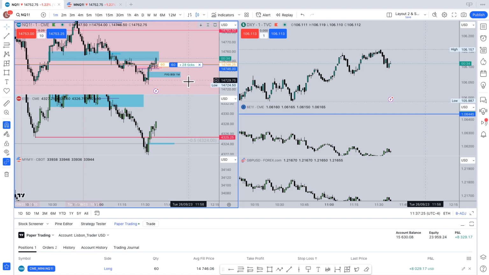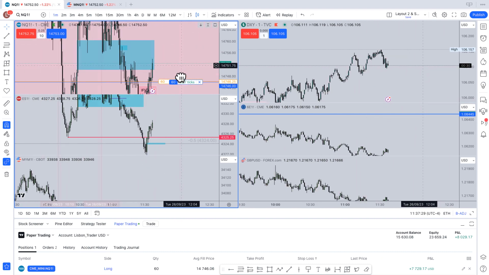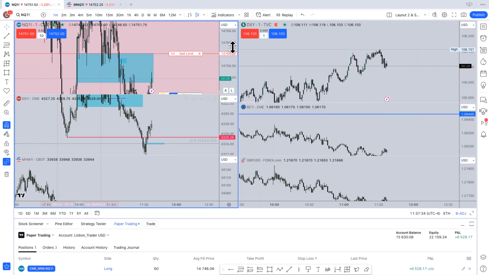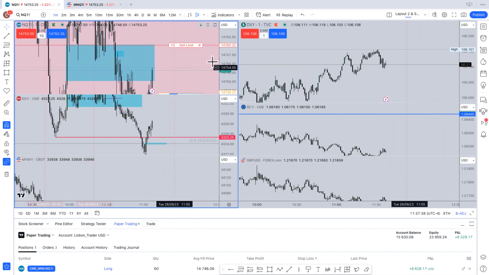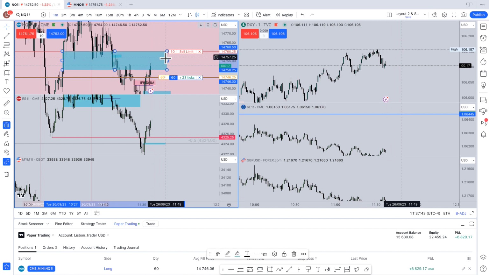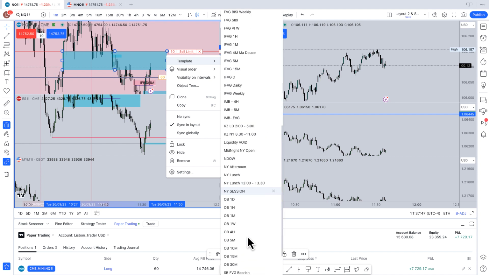There, 60k, 60 lots. I want this to pump immediately above here. So we're stalling at the consequent encroachment of this potential inversion fair value gap.